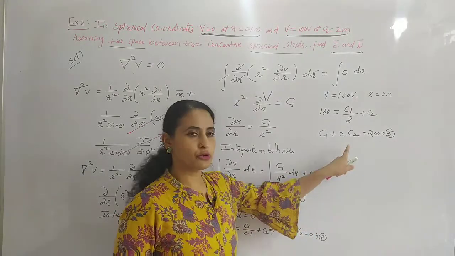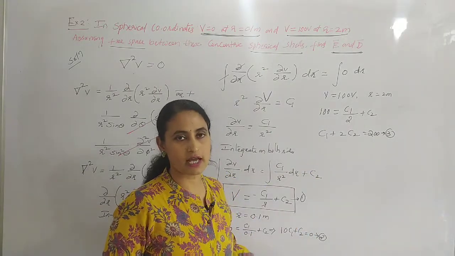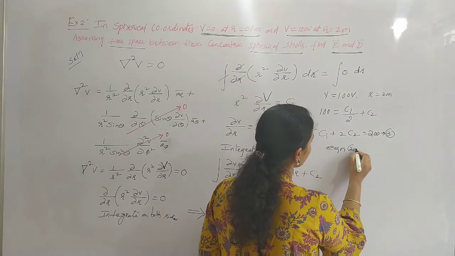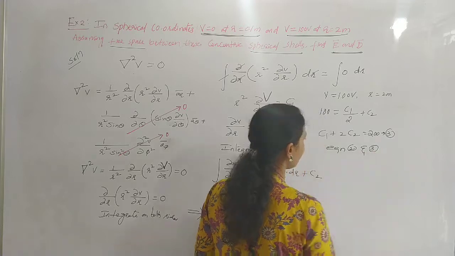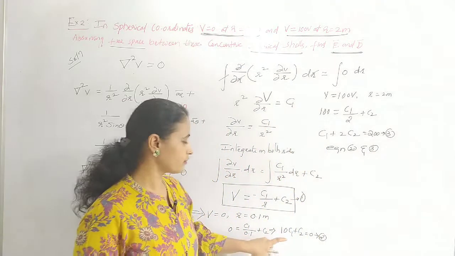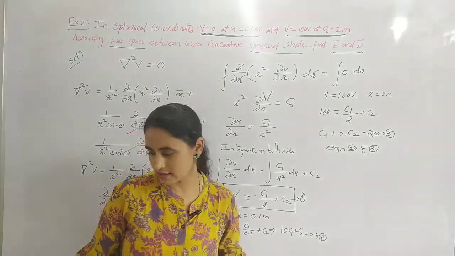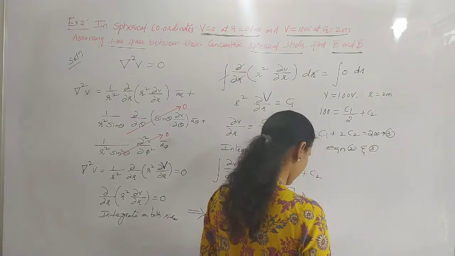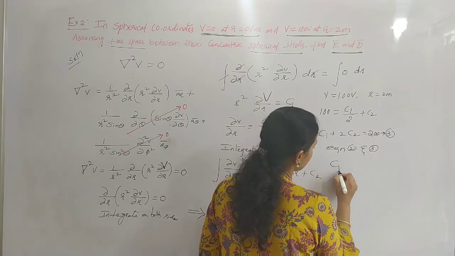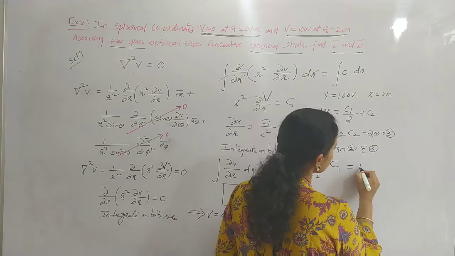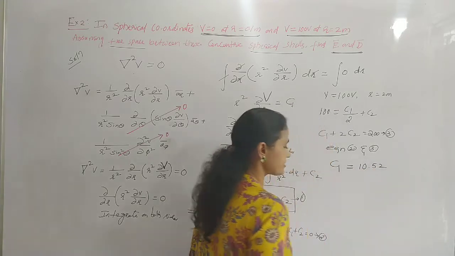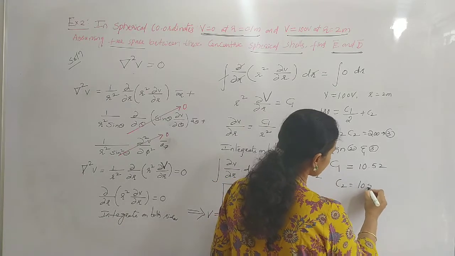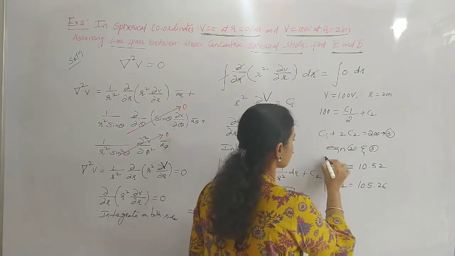Now we have two equations and two unknowns. Equations 2 and 3 can be solved, and we can get the values of c1 and c2. By solving equations 2 and 3, we will be getting the value of c1 as 10.52, it is a constant, and c2 as 105.26.